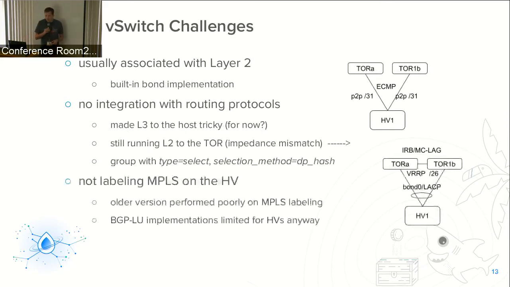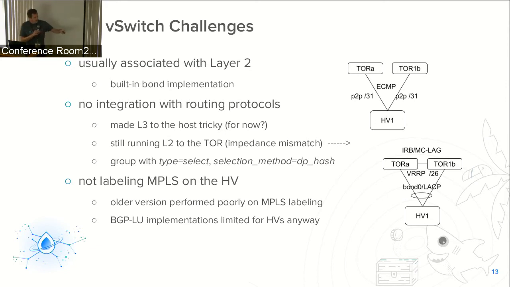So what were the challenges we had? Open vSwitch has switch in the name, right? It's generally associated with connecting to layer 2 networks. There's a built-in bond implementation. One thing we wanted to do initially was to take layer 3 all the way down to the host.